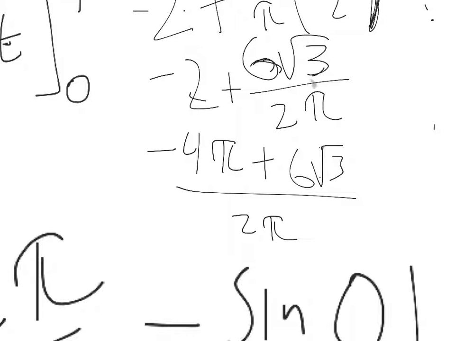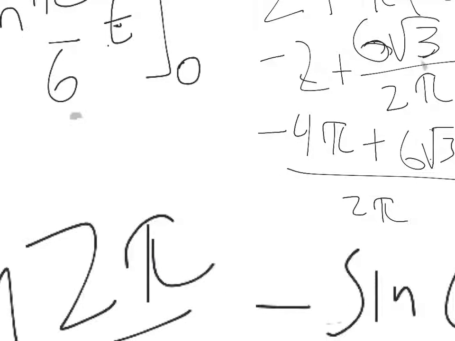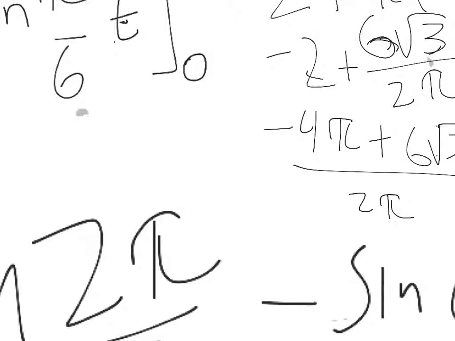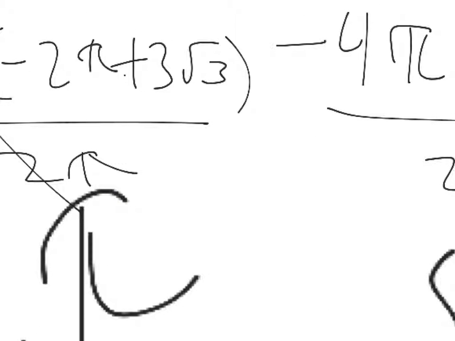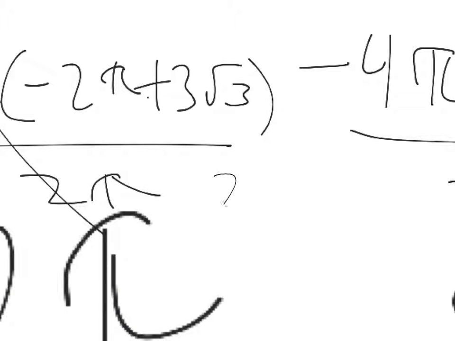And if you want to simplify that even further, you can factor out 2, and you get 2 times negative 2 pi plus 3 root 3 over 2 pi. The 2's cancel, which gives you your final answer of negative 2 pi plus 3 root 3 over pi.